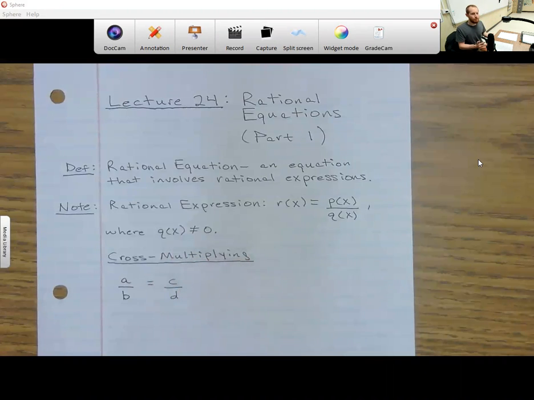You've got a fraction on the left side and a fraction on the right side. What can you do if they're both equal?